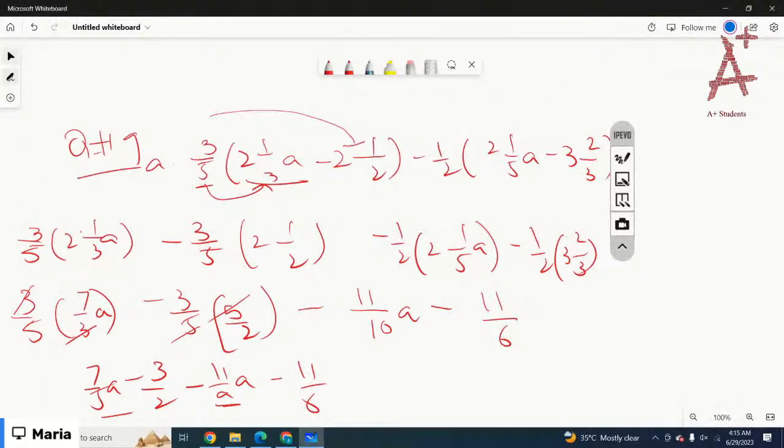You just have to solve the fractions by yourself. I just want to cover more questions. You can do the calculations on your own.